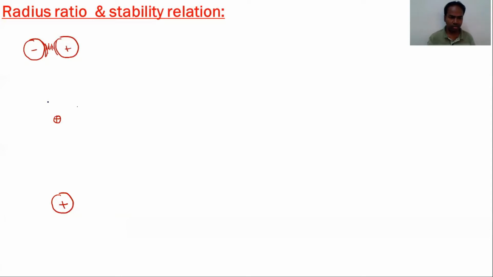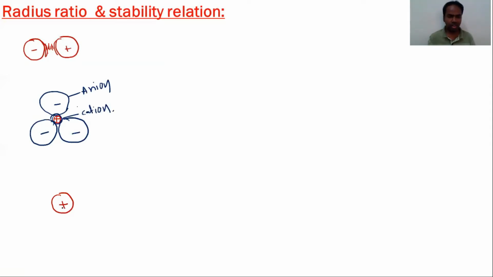The anions are very big. So this is one anion, this is one anion, and this is one anion. Because the cation is very small, it can interact with a maximum of three anions. This is the anion, whereas the plus indicates the cation.